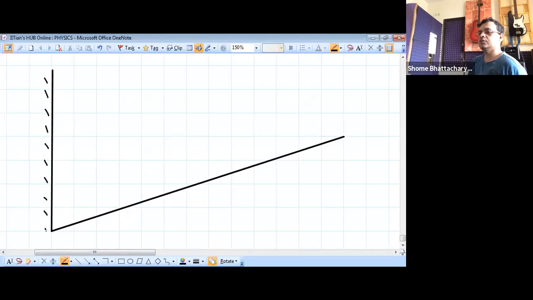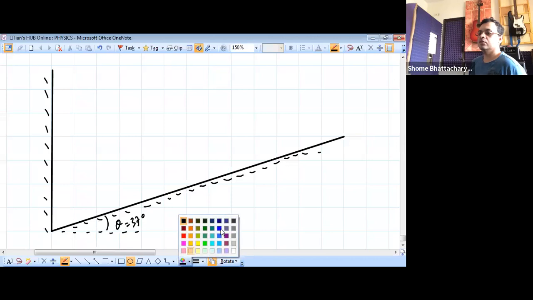Because it is smooth, there will be only one type of contact force, which is the normal one. Friction, we will come to after quite some time. We will discuss various situations of Newton's laws where all surfaces are frictionless, then later we will deal with surfaces which are rough.